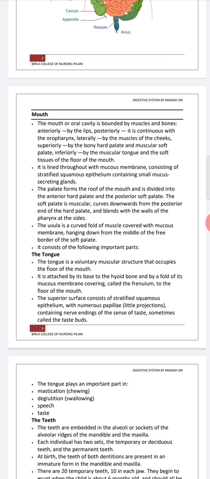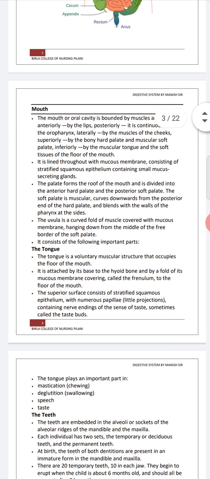Palates form the roof of your mouth. The soft palate is muscular and lies behind the hard palate, and blends with the wall of the pharynx at the sides.